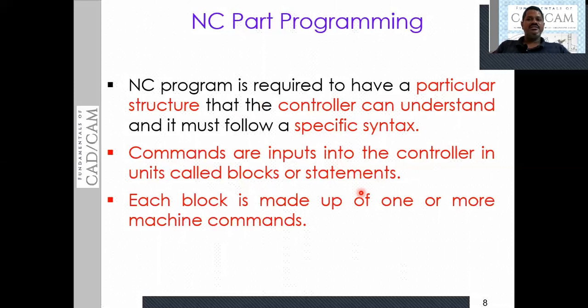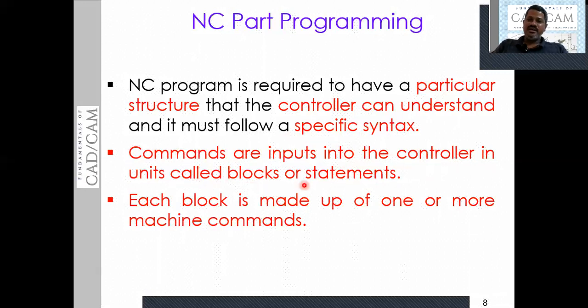That means you can call it one command. One command means one instruction to the machine tool. So you can call that a block or one statement. One block or one statement performs one activity or one action. So a program consists of a number of blocks which perform a number of actions on the machine tool.